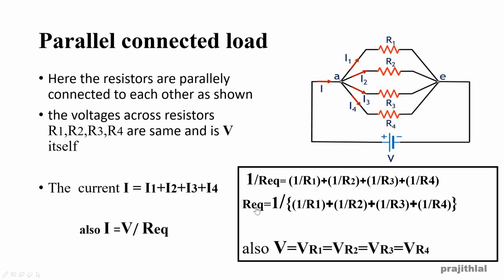So once again, we can get the equivalent resistance by taking the reciprocal of these values, like 1 divided by these. Also, as we said, the voltage V is equal to the voltage across each resistance VR1, VR2, VR3, VR4.